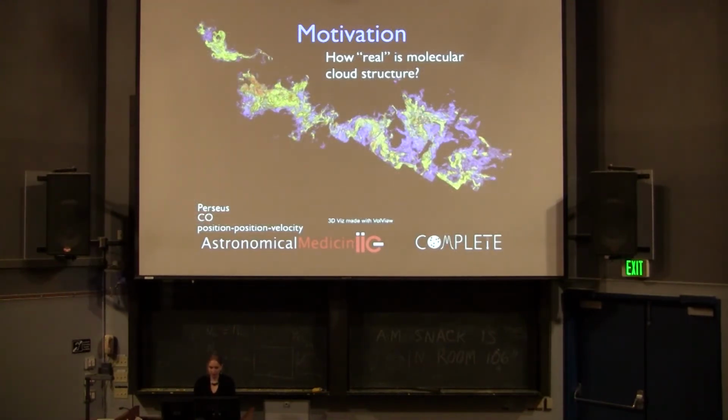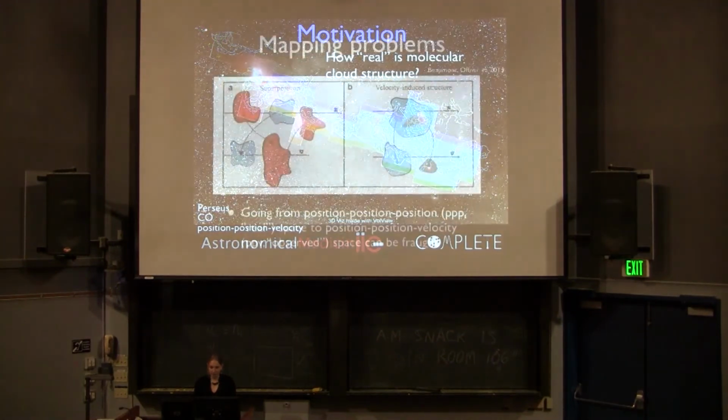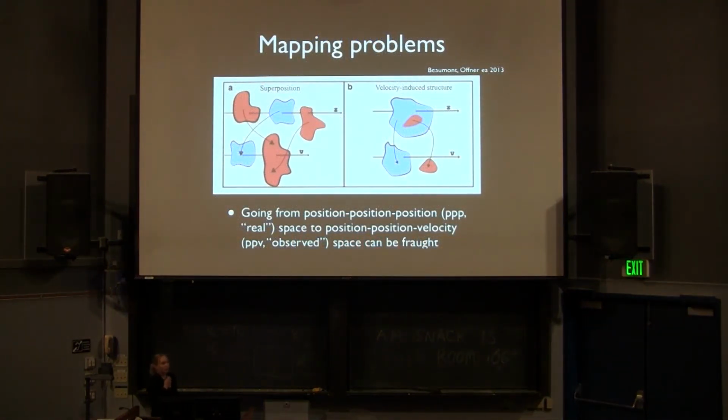So the problem is there are a couple things that can happen on the way from going from three-dimensional density to position-velocity, going from density into the spectral line space of 12CO. Okay, one thing that can happen to mess up the correlation is superposition.